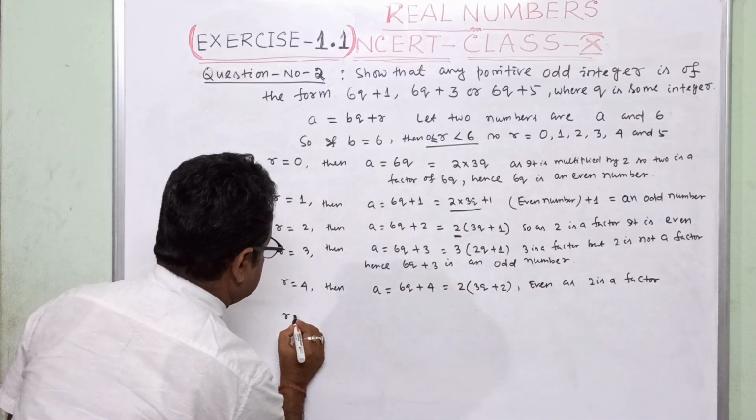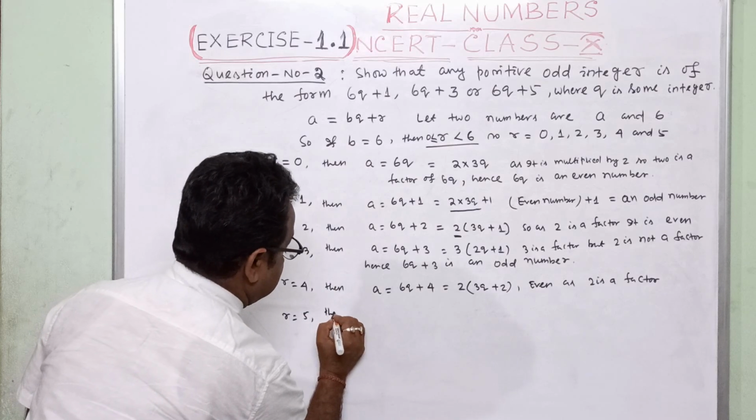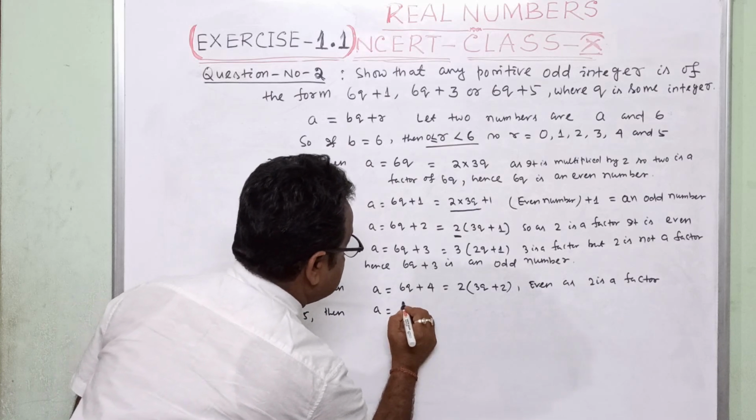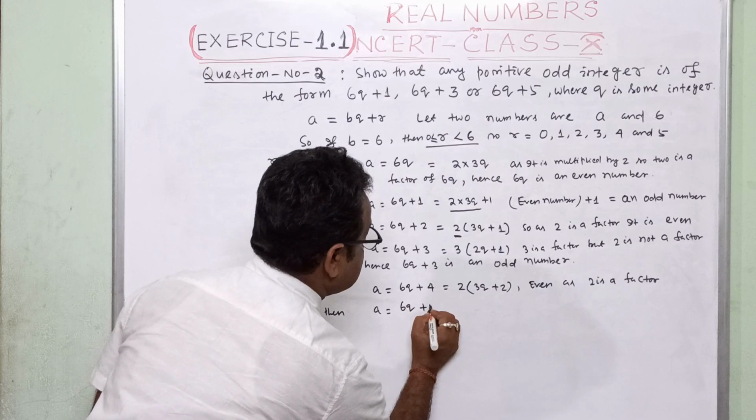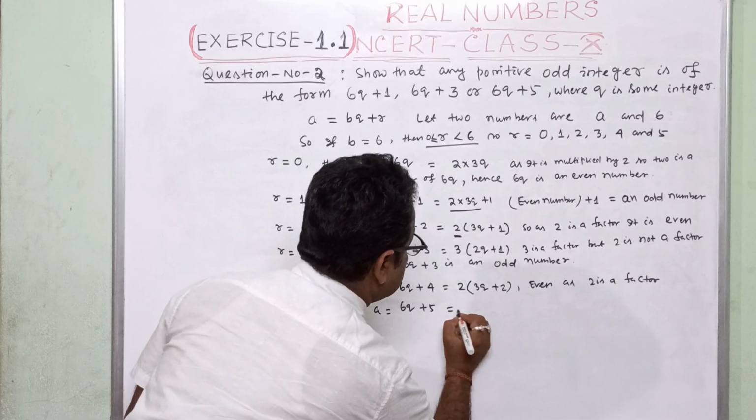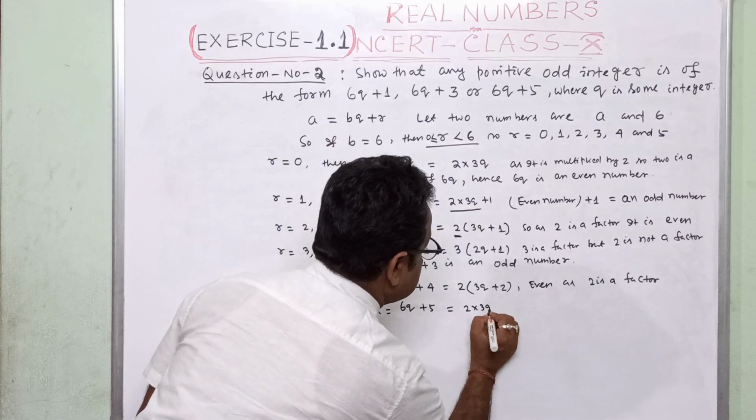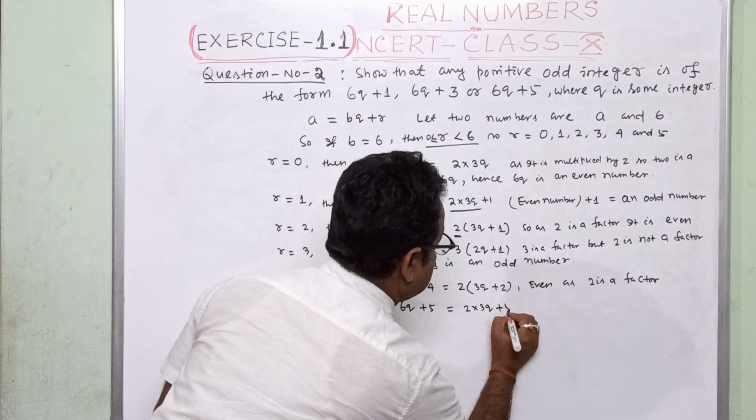Now r is equal to 5. Then a is equal to 6 cube plus 5, which is equal to 2 into 3 cube plus 5.